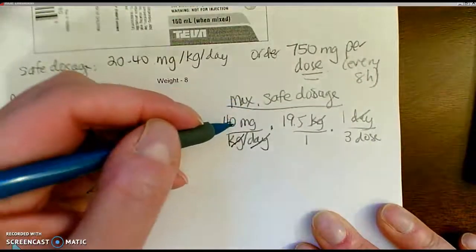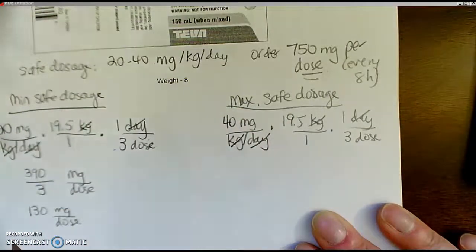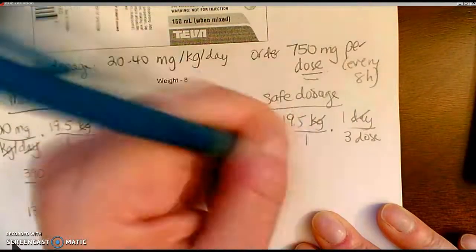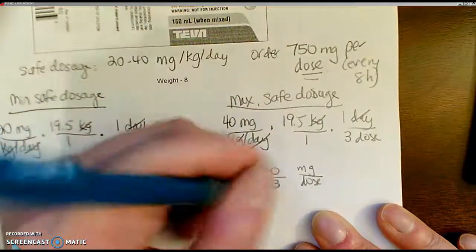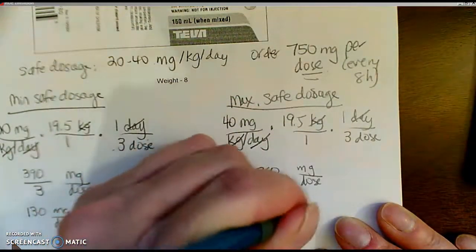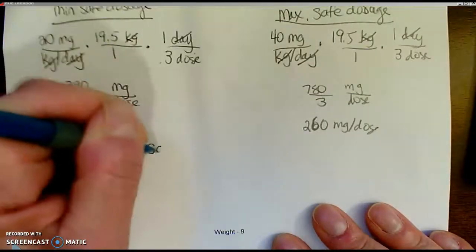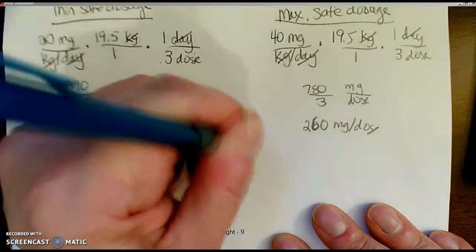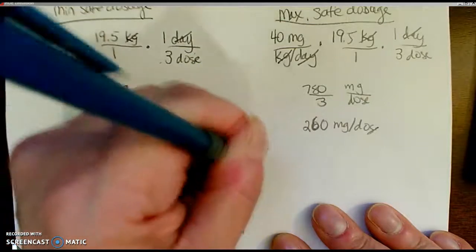So 40 times 19.5 is 780, divided by 3, and that's going to be in milligrams per dose. 780 divided by 3 is 260 milligrams per dose. So what this means is the safe dosage range is 130 to 260 milligrams per dose.